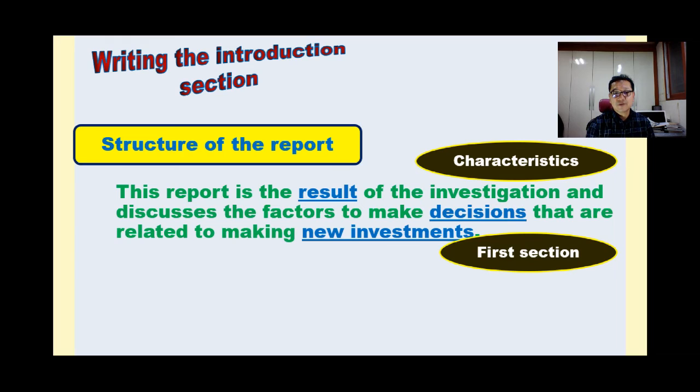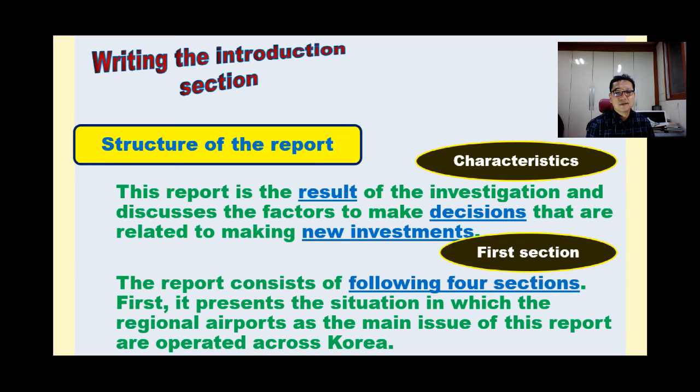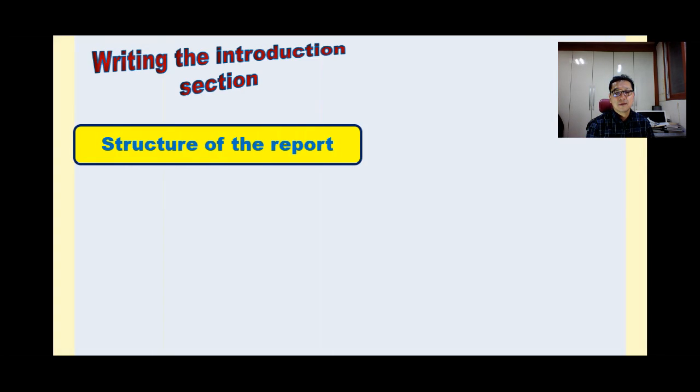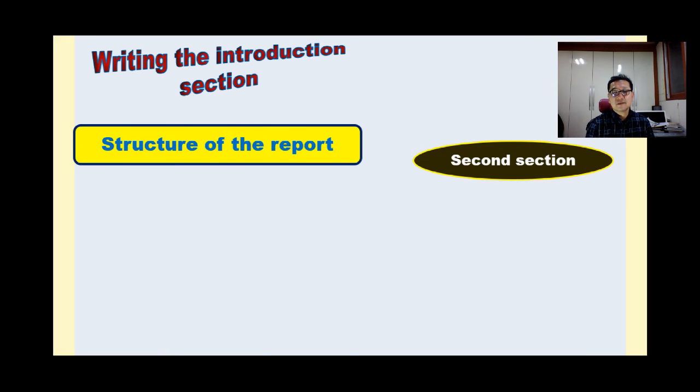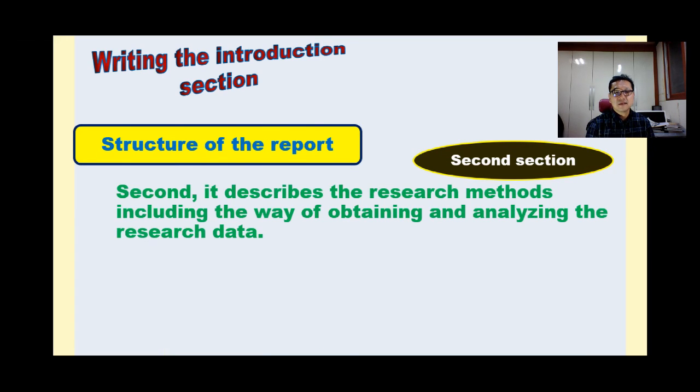Right. The first section as the step is describing these contents. The report consists of the following 4 sections. First, it presents the situation in which the regional airports, as the main issue of this report, are operated across Korea. The next step is second section. Second, it describes the research methods, including the way of obtaining and analyzing the research data.